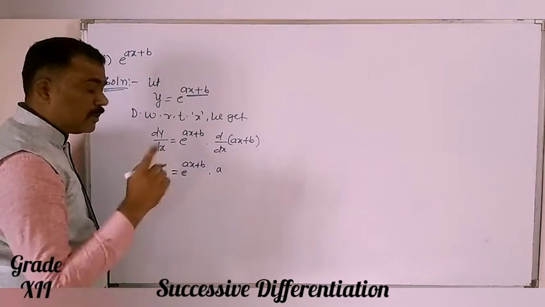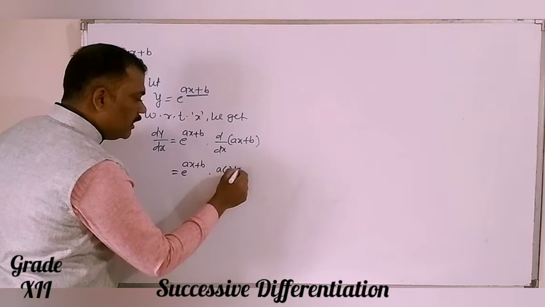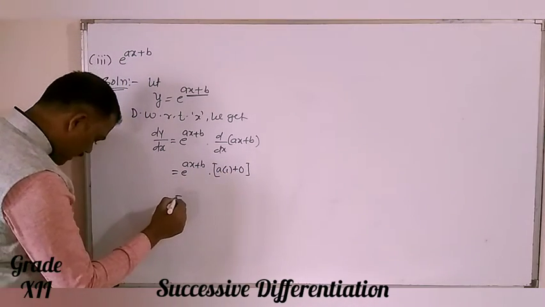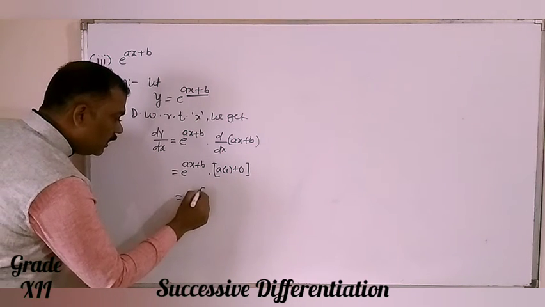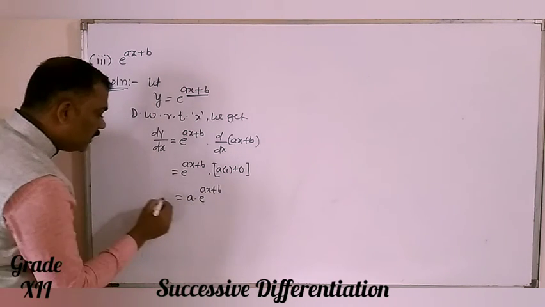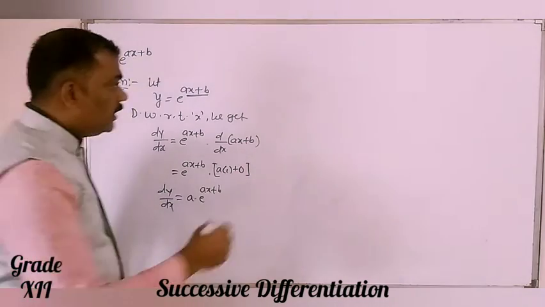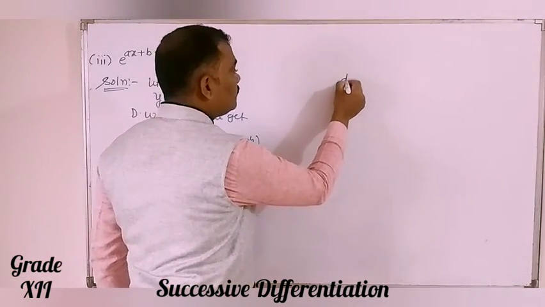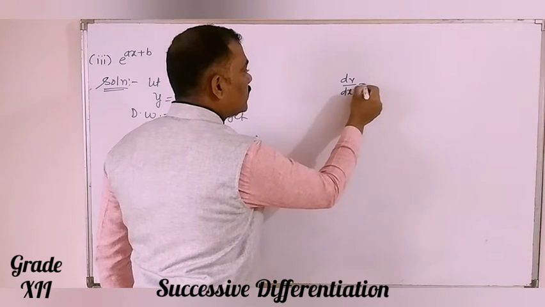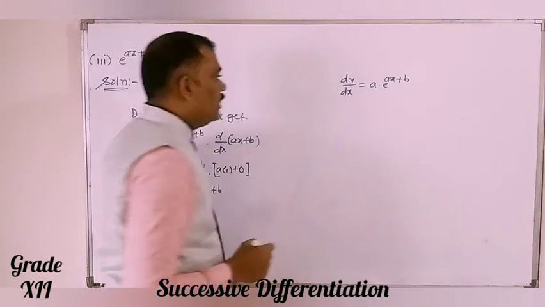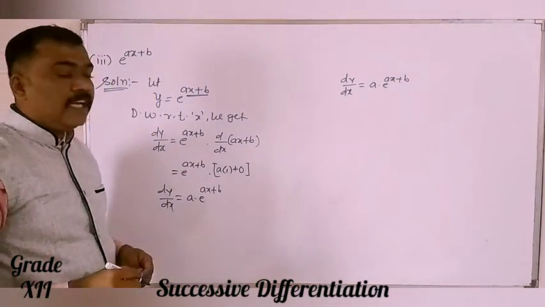Differentiation of x with respect to x is nothing but 1, and b is a constant, so its derivative is 0. That is required. So dy by dx is a into e raised to ax plus b.